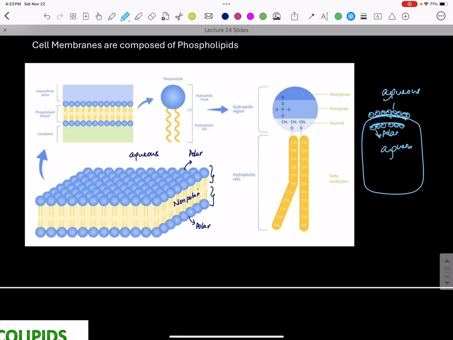And in between the two is when we have the non-polar chains, and because of the non-polarity, they won't allow things to go through. They form a barrier and thereby not only act as protective layers, they also help contain all the material within the cell.